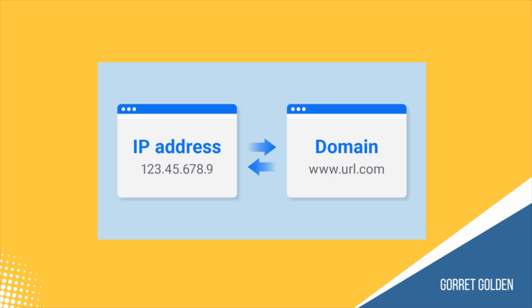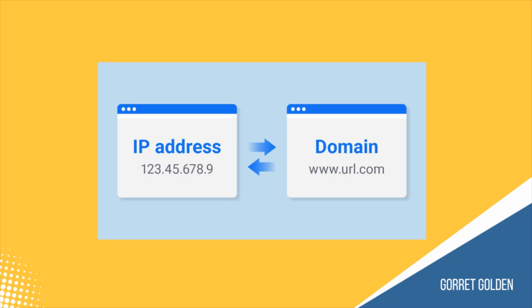IP addresses vary depending on the version. We always have a number of them. For example, IP version 4, which is always an IP address with 4 octets. And we also have IP version 6, which is always a combination of different hexadecimal characters.